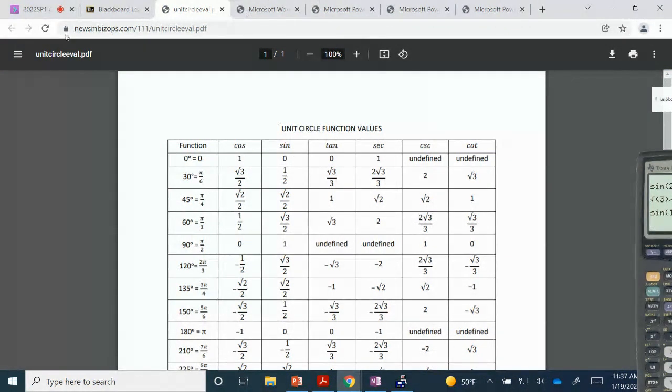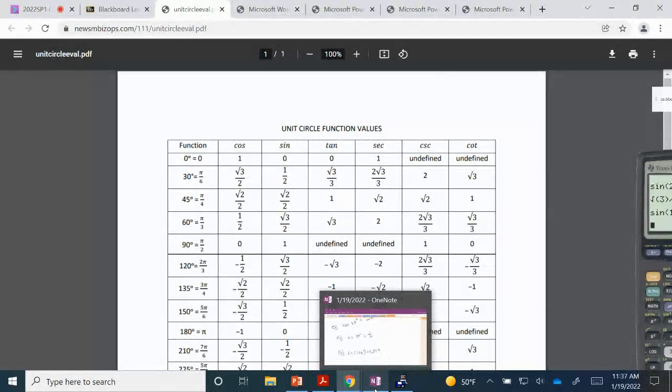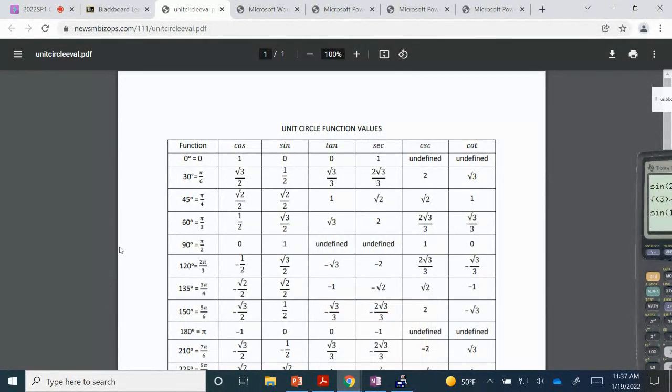Right, so let's say we were to take a look at our problem earlier where we were asked to find the tangent of 45 degrees. And I can actually use this particular chart to find that value. I can locate 45 degrees. I can locate tangent, and I see that the tangent of 45 degrees is 1. Right?